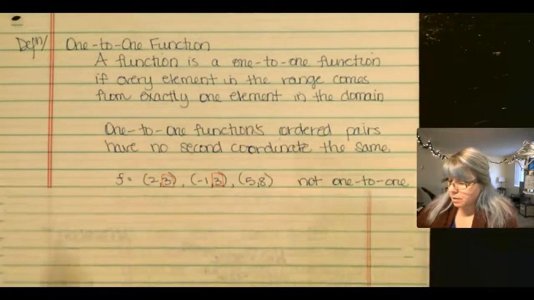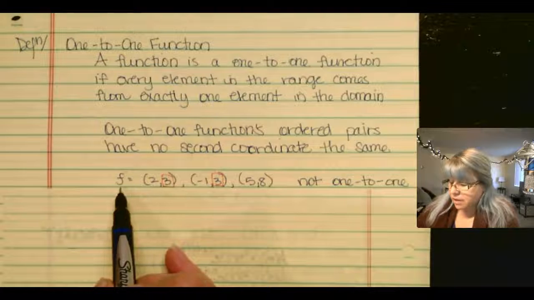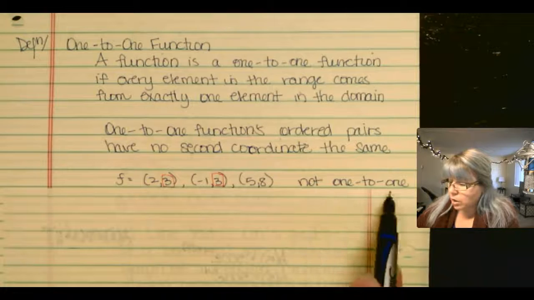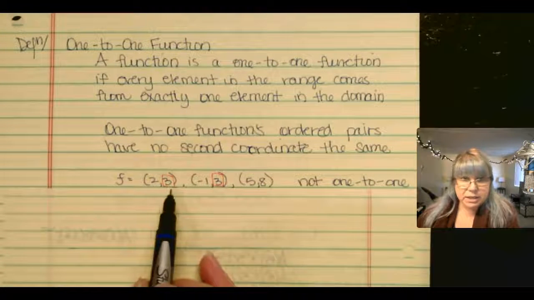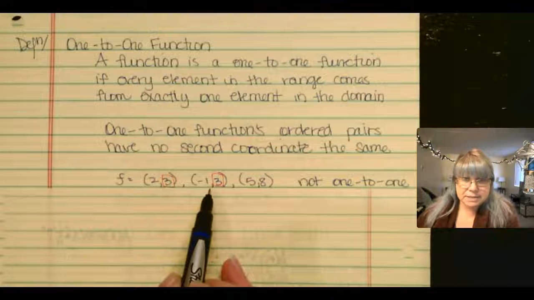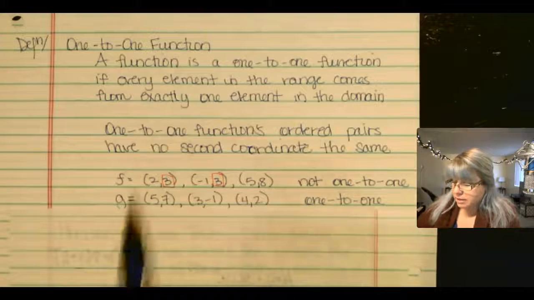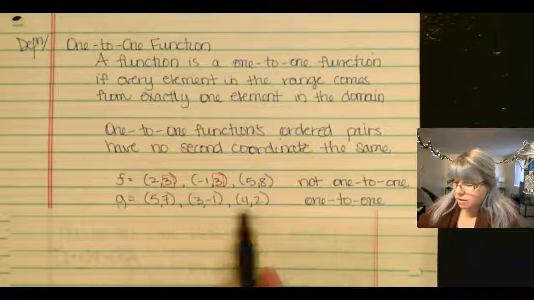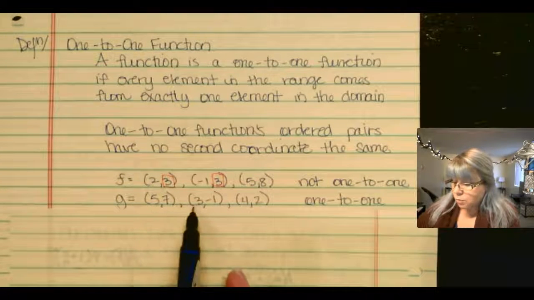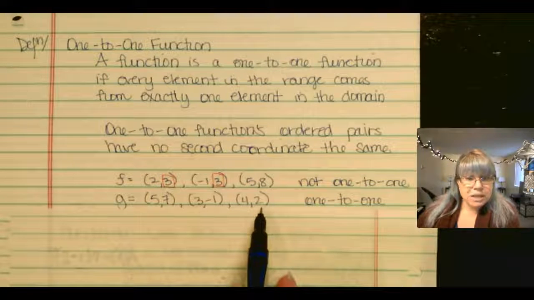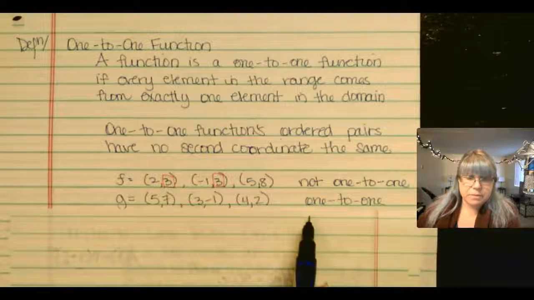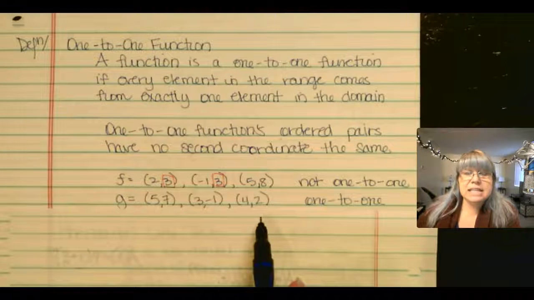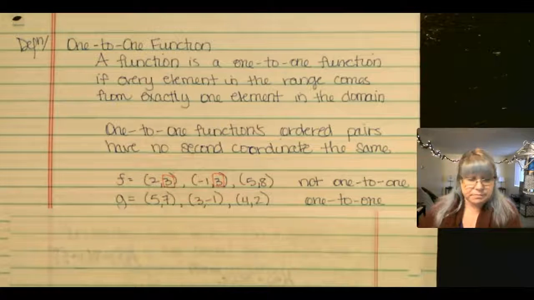For example, if my function is (2, 3), (1, 3), (5, 8), it is not a one-to-one function because the 3 in the second element repeats. But if I have another function, g, (5, 7), (3, -1), (4, 2), none of the components repeat. Therefore, it's a one-to-one function, and the original function is a function as well as its inverse.